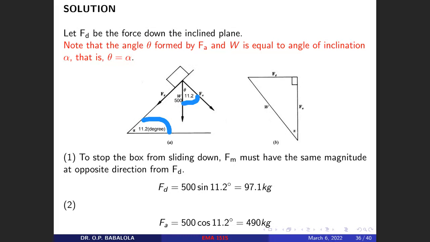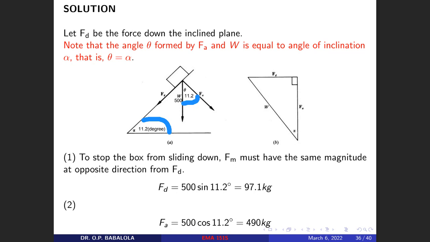So that is FA. And I'm saying note that the angle theta formed by FA, this force, and the weight of the box is equal to the angle of inclination. This is the angle of inclination, alpha, which is 11.2 degrees. And so we represent this angle as 11.2 degrees, because it's equal to alpha.